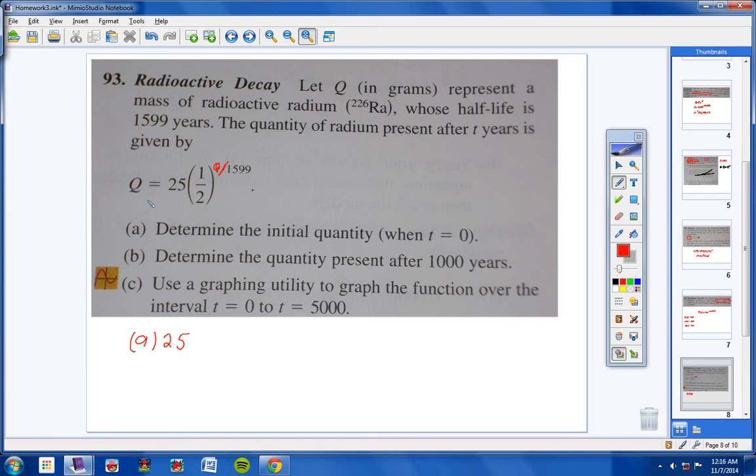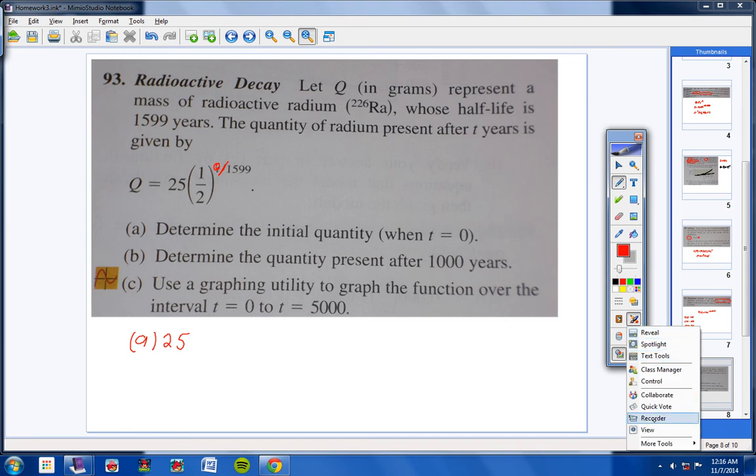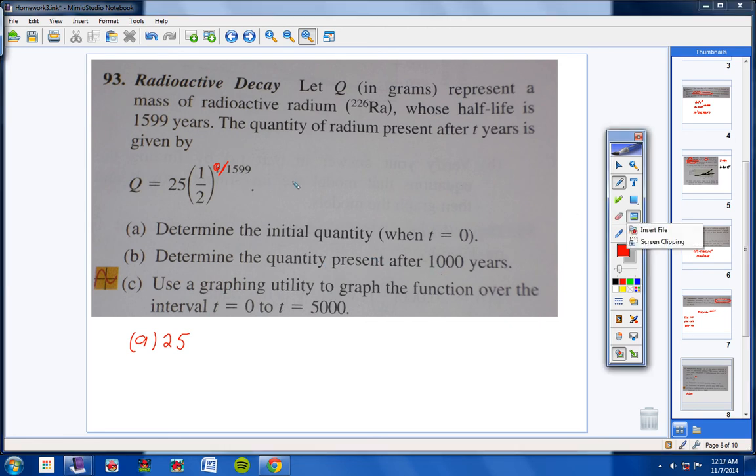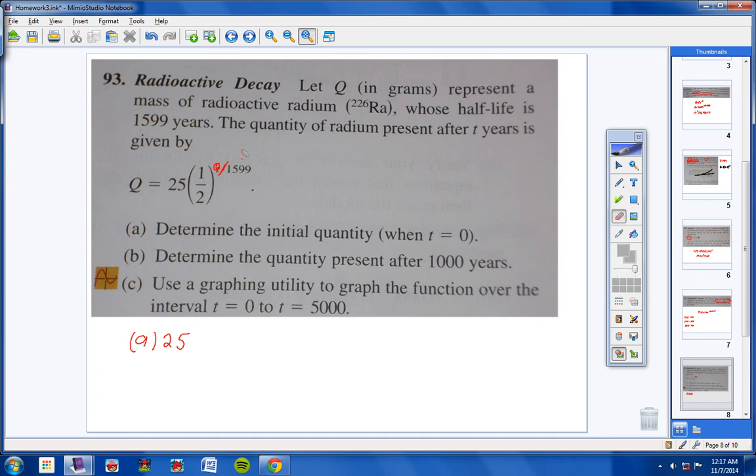Now moving on to letter B. Determine the quantity present after 1,000 years. Okay, so we're going to put 1,000 in right here for T. So right here, where my T is, I'm going to put 1,000.